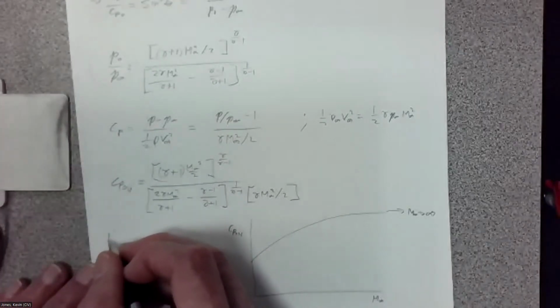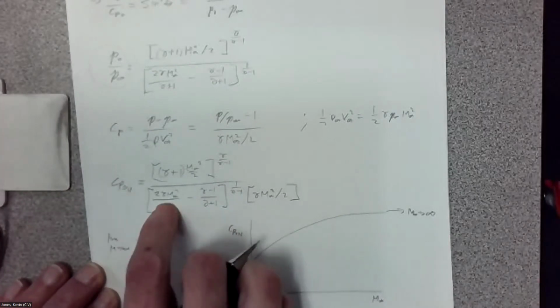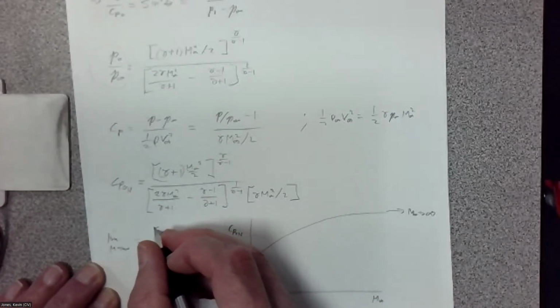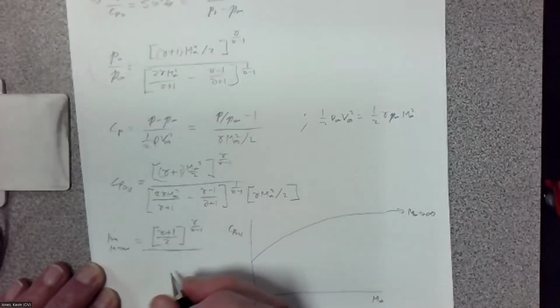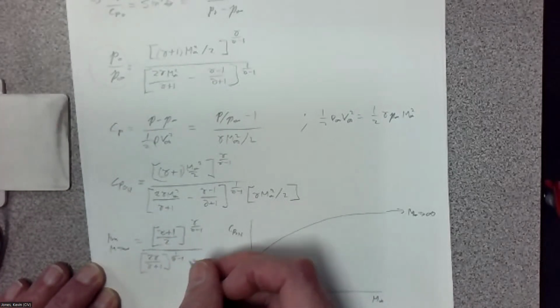So the limit as Mach goes to infinity, this becomes gamma plus 1 over 2 to the gamma over gamma minus 1, times 2 over gamma plus 1 to the 1 over gamma minus 1, times 1 over gamma over 2.